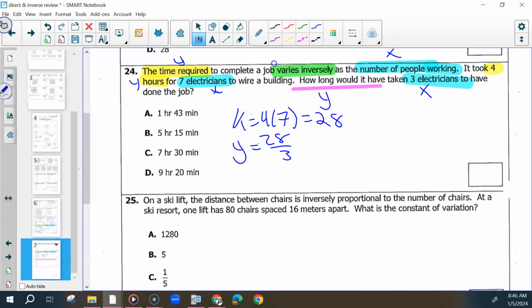Which would give us 9.3 repeating. There's only one answer with 9 in it, but if you wanted to match the minutes, take that, divide it by 60, and you would get that same decimal. Other questions?